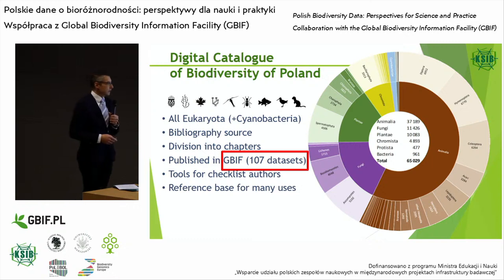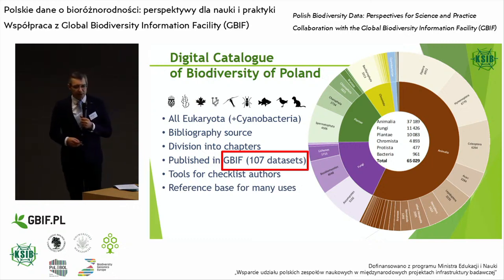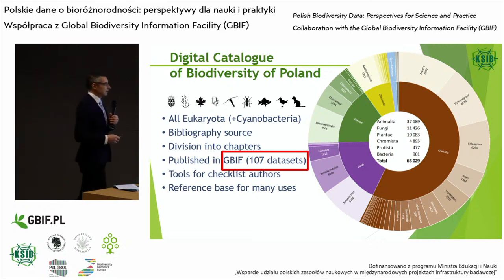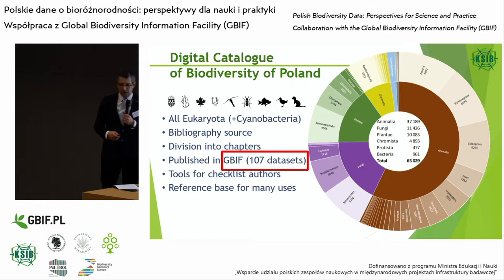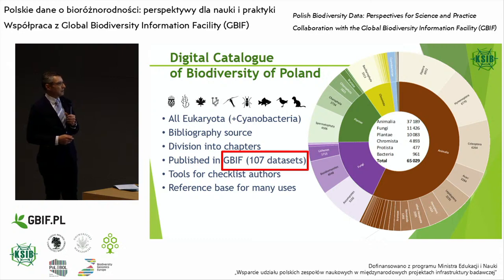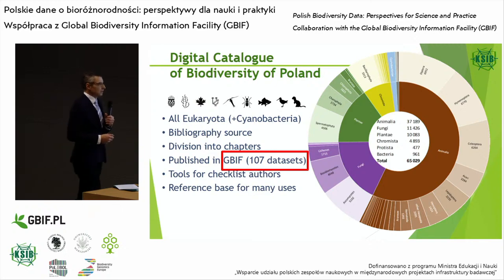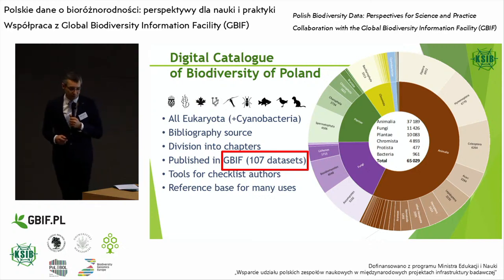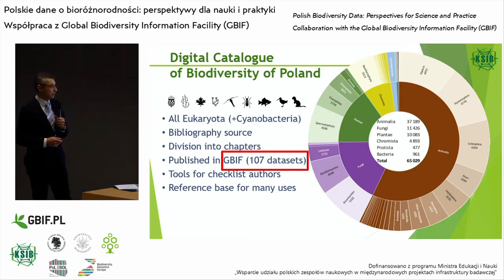One of the products of our activities is the digital catalog of biodiversity of Poland, which is currently 107 datasets covering all the taxa of eukaryotes and cyanobacteria. We hope to develop it further using the money from this project, and I hope it has a chance to become a standard for Polish biodiversity data, and that it will be useful for our partners from other institutions.